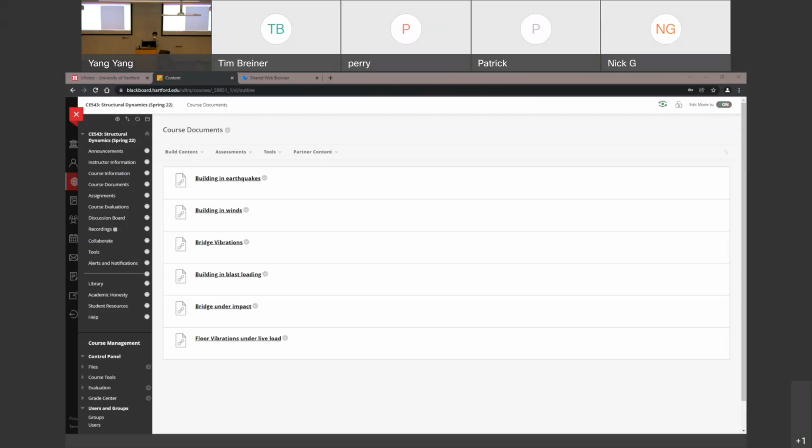The new concern for civilian structures.